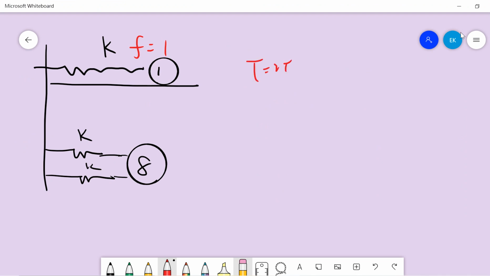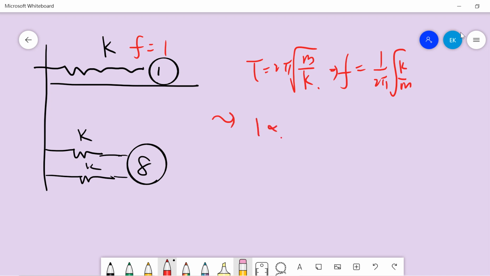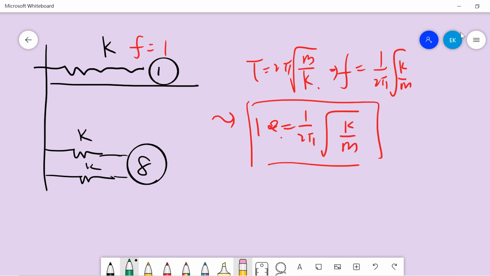So the formula you need to remember is f equals 1 over 2 pi times the square root of k over m. So this is the first equation. And when you put the springs in parallel, the effective constant is 2k.